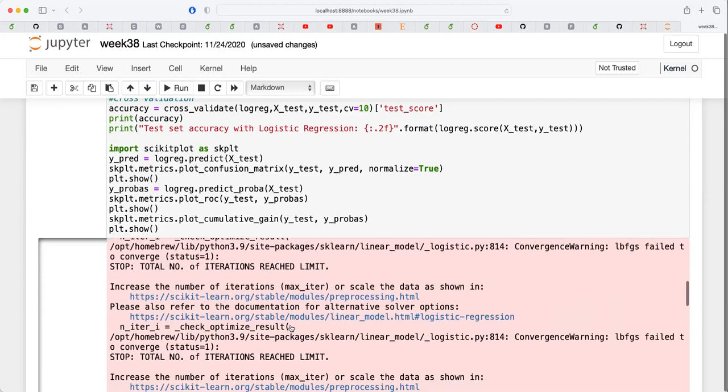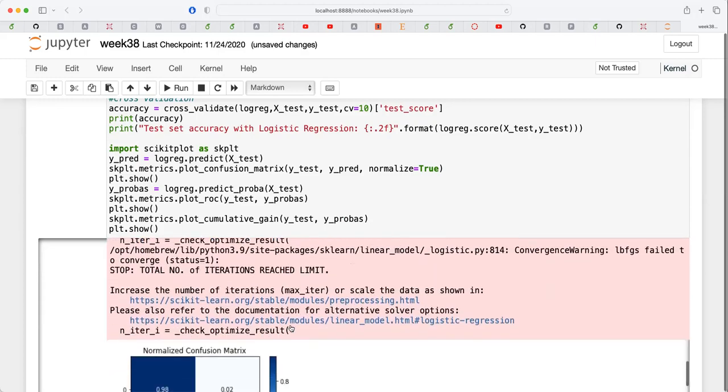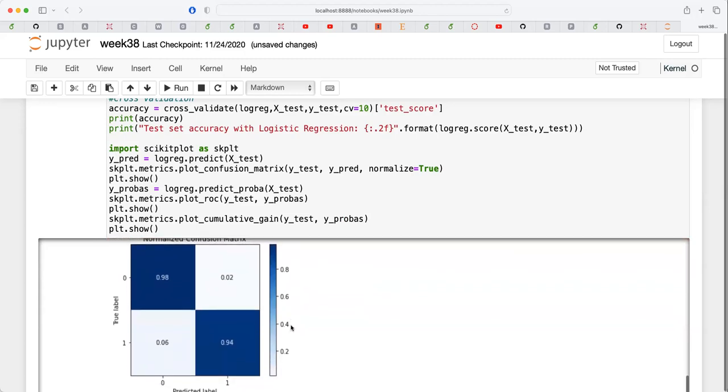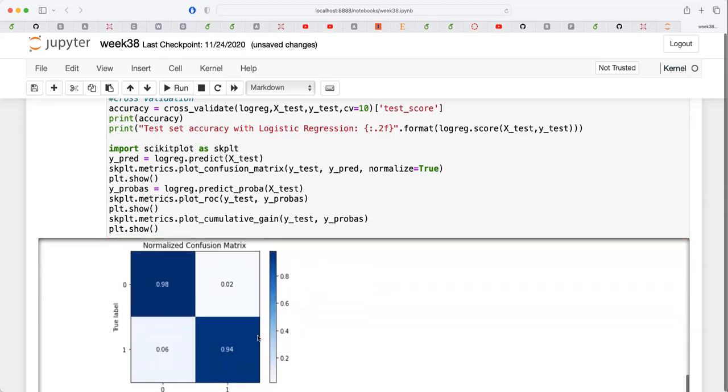So one of the things you can get then is this confusion matrix. And you can see now this should be true positive. So 98% of the true positives are correctly classified. This should be true negative, and 94%. So what you end up with when you look at your accuracy score is normally the sum of these two here: the true positive and the true negative.